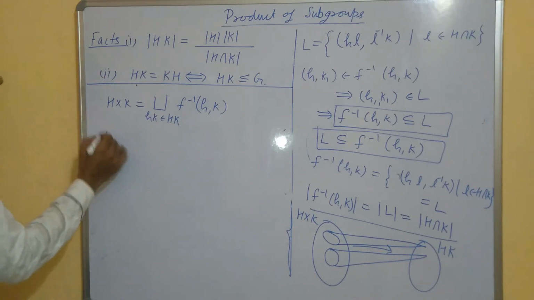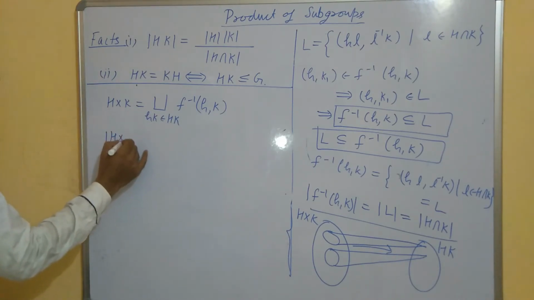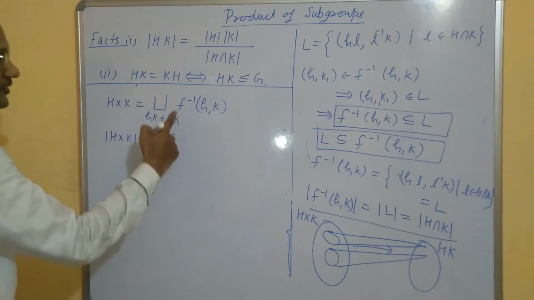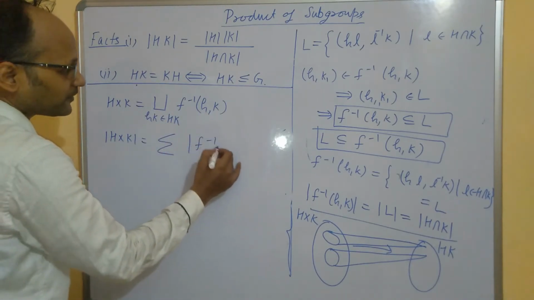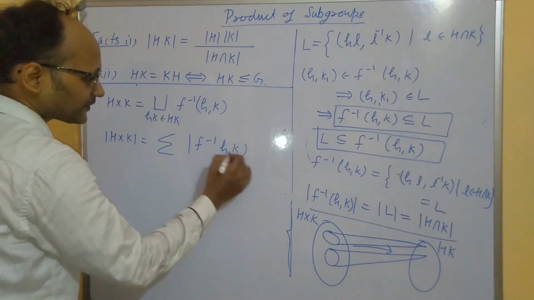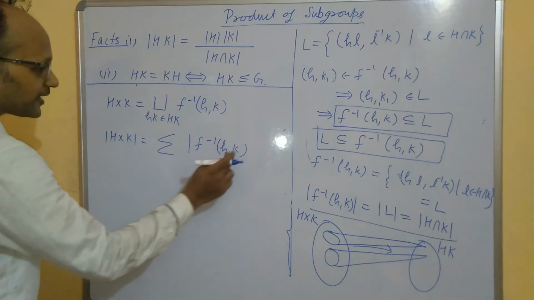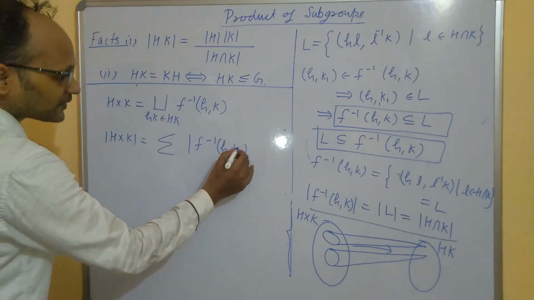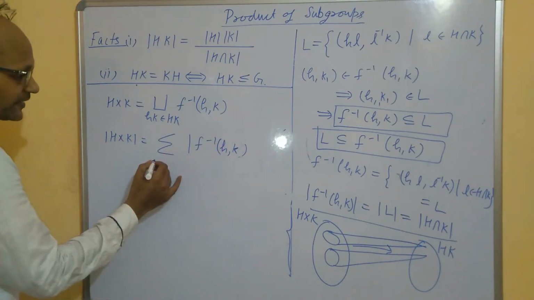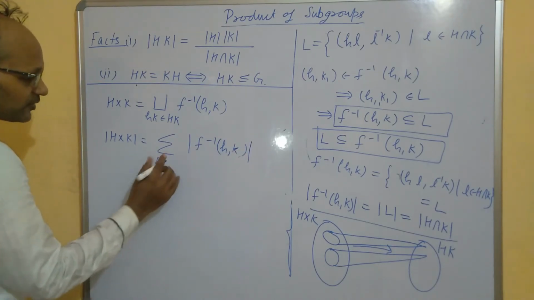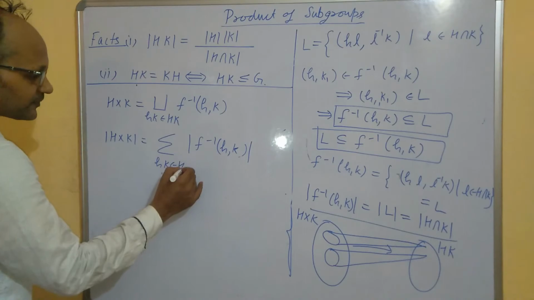So if I want to count the number of elements in H cross K, then this is the same thing as the summation of the number of elements in F inverse of hk, where hk belongs to HK.